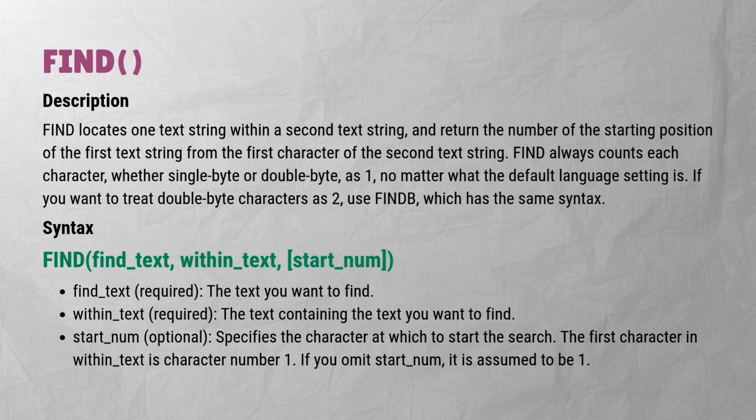A bit of more advanced information here. Find always counts each character as 1, whether it's single byte or double byte. So for example, the Cyrillic alphabet has double byte characters, while the Latin alphabet has single byte characters. So it doesn't care about the default language settings. It would always assume that those are 1.